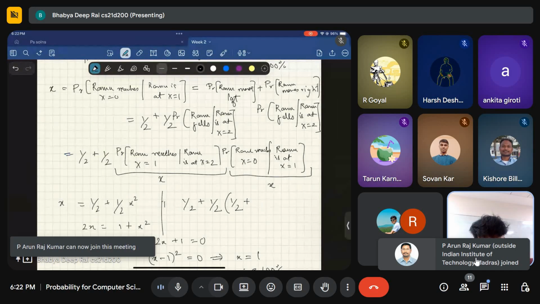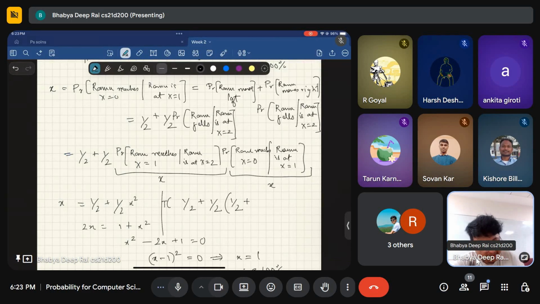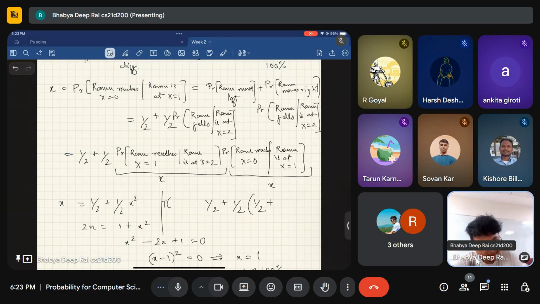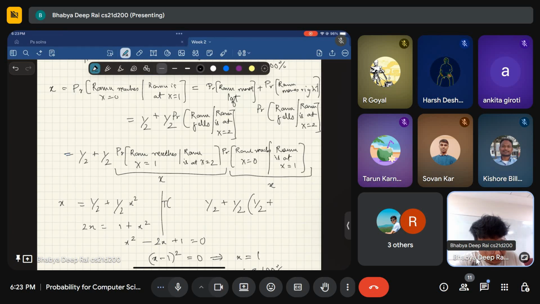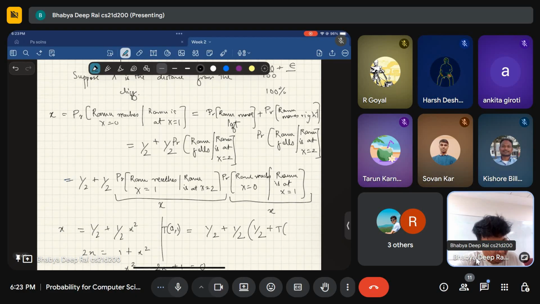So let me call this quantity t of reaching 0 from 1, which is half plus half times half plus half times t of, so he was at x equals 1, x equals 2, and either he moved left.